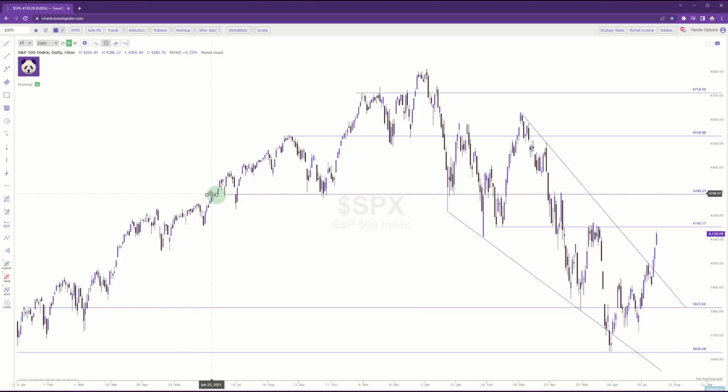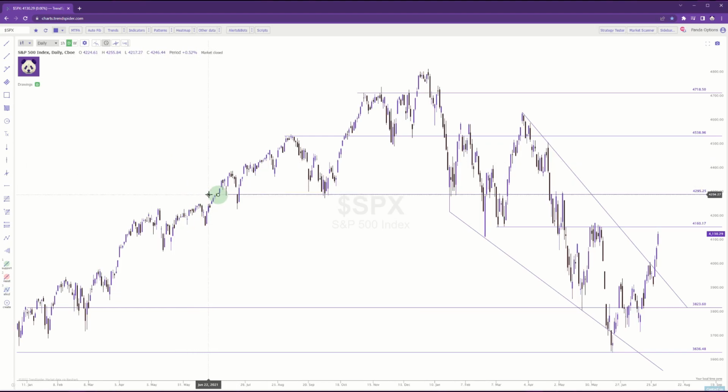You have consolidation here before this move, which was a breakout. If you were to zoom in closer, the market broke out above this level. It had a pretty big wick off of that level, rejected here. Obviously, this price consolidation here. You also have a move here that generated a 300-point bounce in S&P, right?